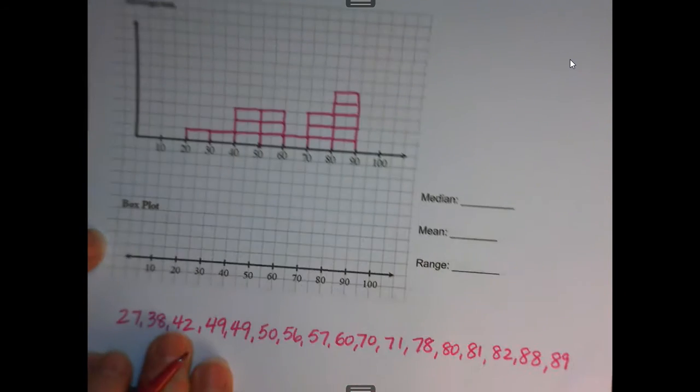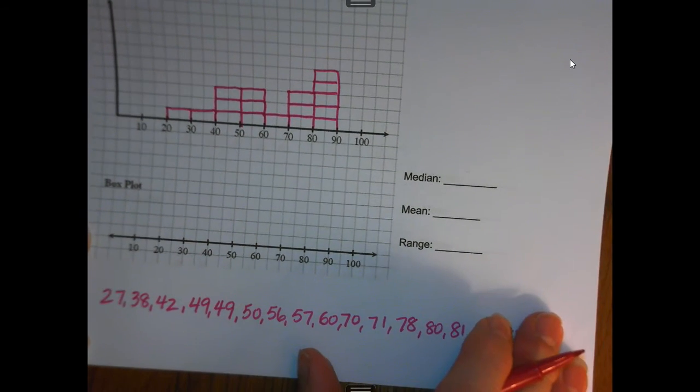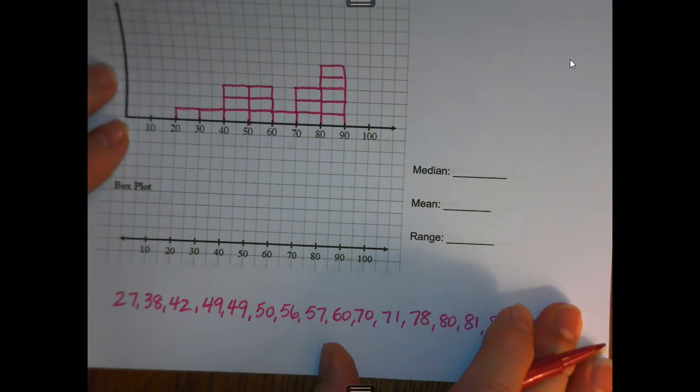All right, now I've got all my data down there, so it'll be a little bit easier for us as we make our box plot.